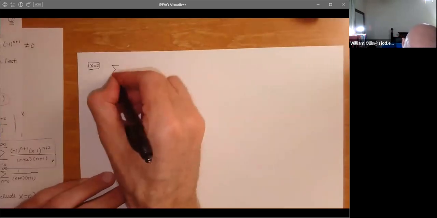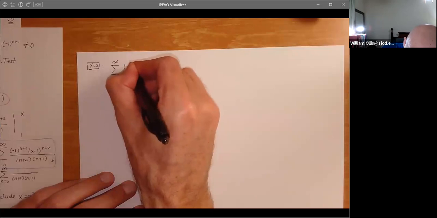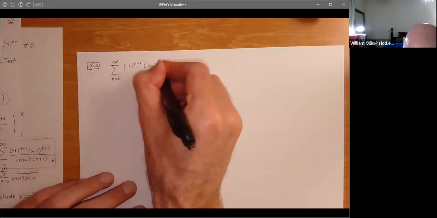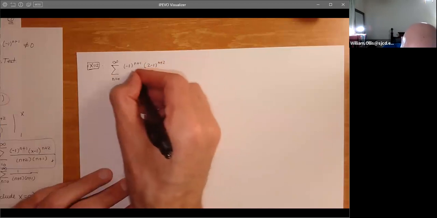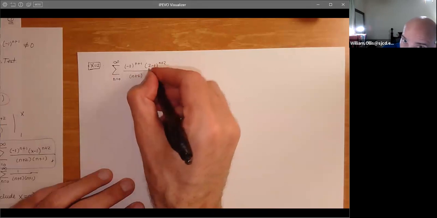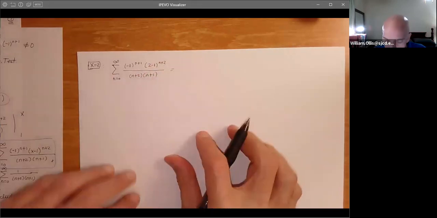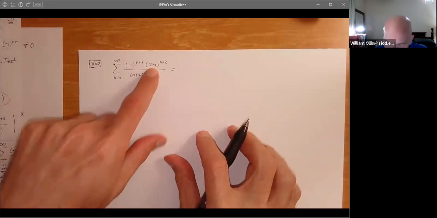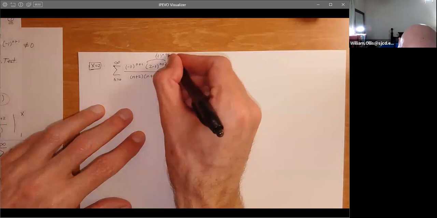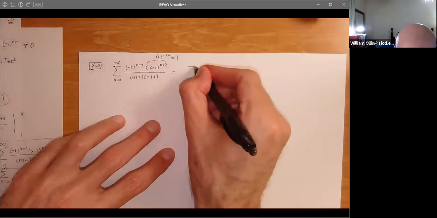So this will be n equals 0 to infinity, negative 1 to the n plus 1, 2 minus 1 to the n plus 2, divided by n plus 2 times n plus 1. And now notice that this is just a 1, so this is 1 to the n plus 2, which is always 1. So this gives us an alternating series.